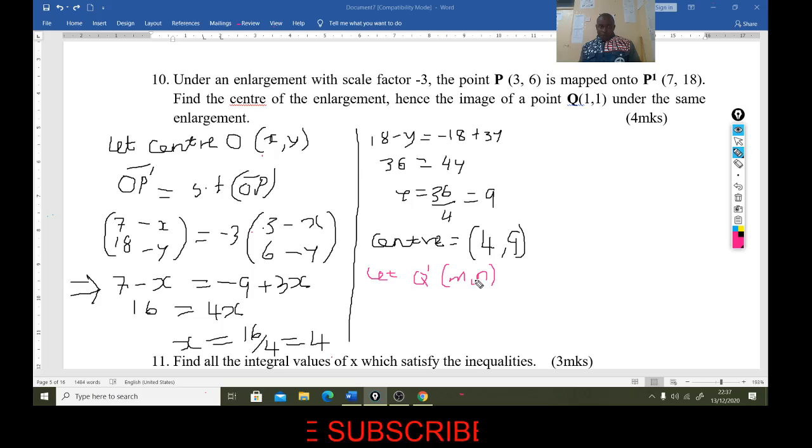So this one, that is (M, N), minus the center, which is (4, 9), minus 4, minus 9.